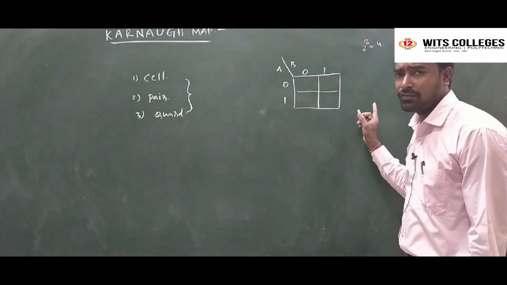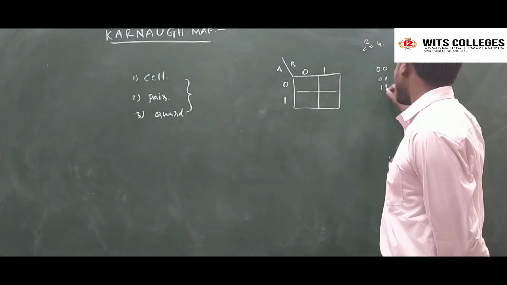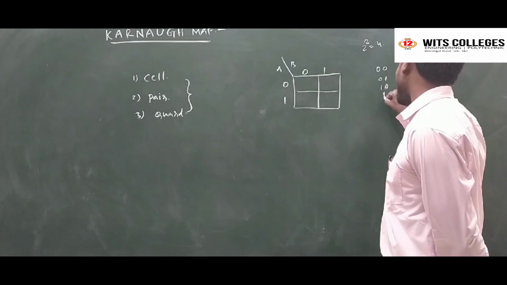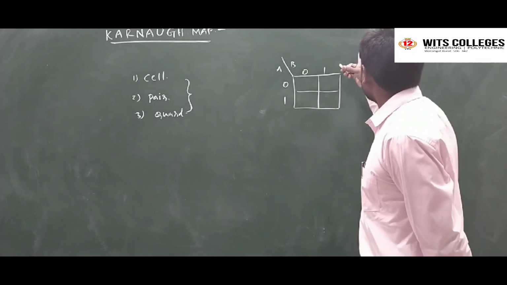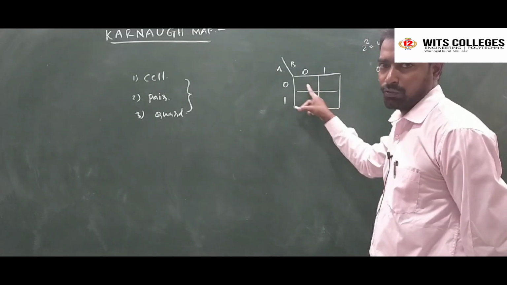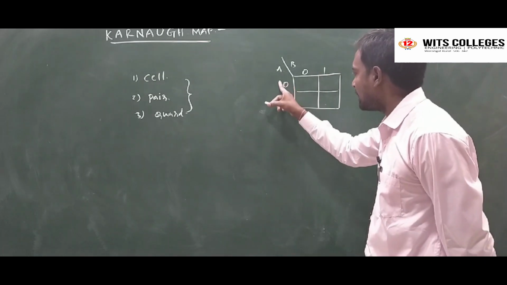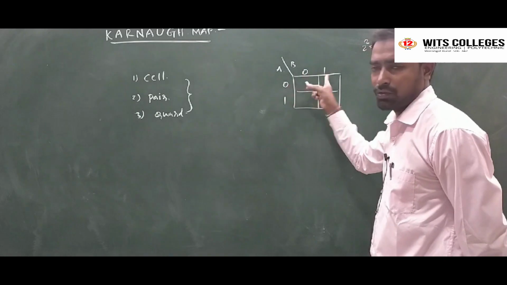What are the combinations we get here? 0 0, 0 1, 1 0 and 1 1. That means 4 combinations. So the two variable K map has four combinations, and here A is 0 1 and B is 0 1.